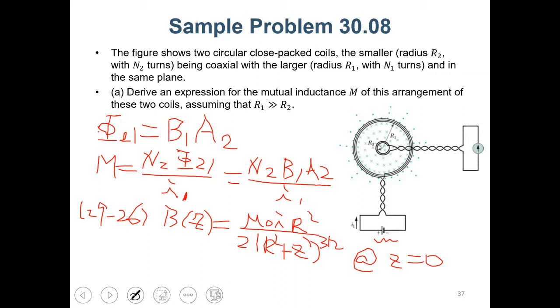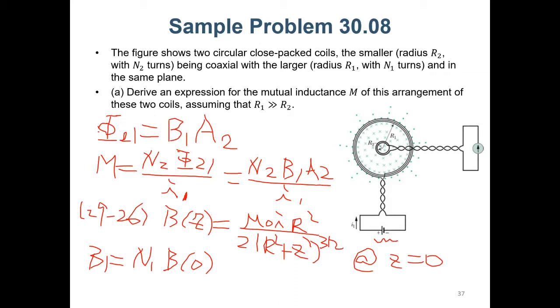So on this plane, z is equal to 0. So we'll have B1 equals B0 times N, of course. At that time, we didn't have many coils. We derived this equation for one coil. So actually, we'll have B1 equals N1 times B0 for this case.